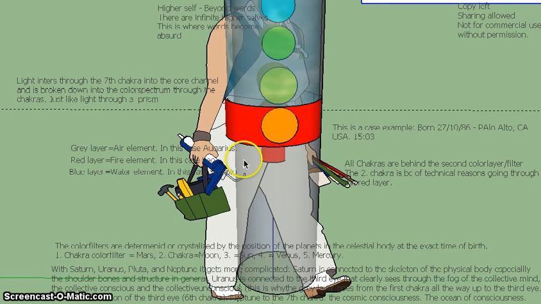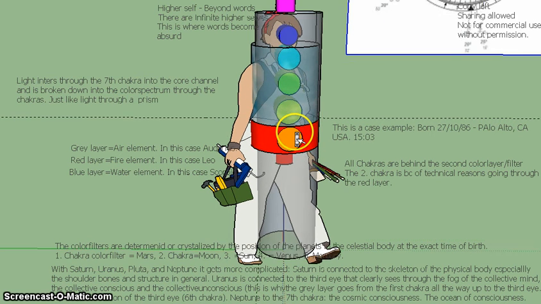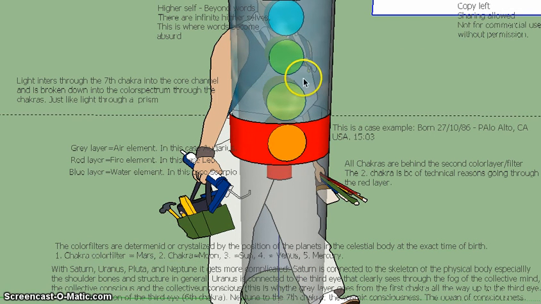There's one gray color here, connected to the first chakra. We have a red color here, which is connected to the second chakra, and this is supposed to be behind the red chakra. It acts like a color filter. You put it in front of a flashlight, it would change the color. It only changes the color if you put it in front of the light.